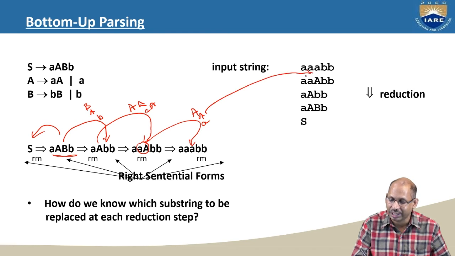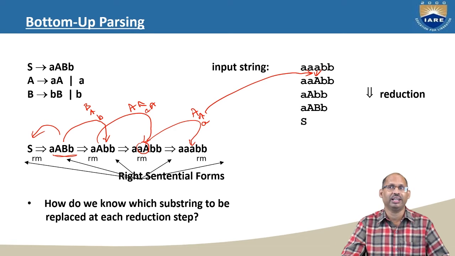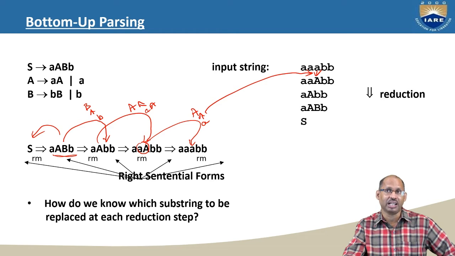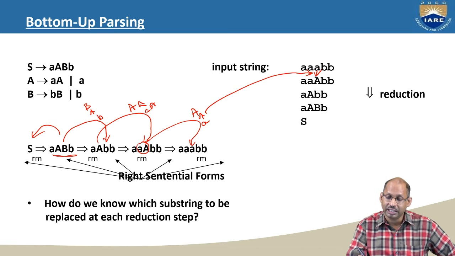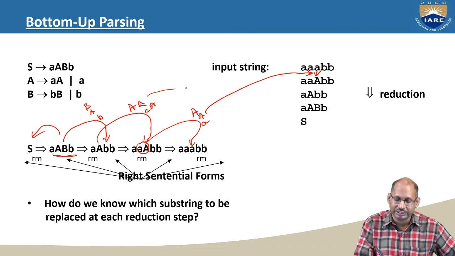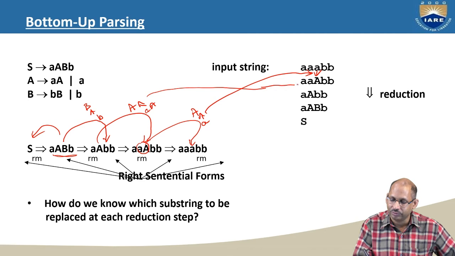The first step is small a gives capital A. In reduction of the given input string, we follow the rightmost derivation in reverse. So the last step, replacing capital A with small a, is considered first. Then the next step will be considered.